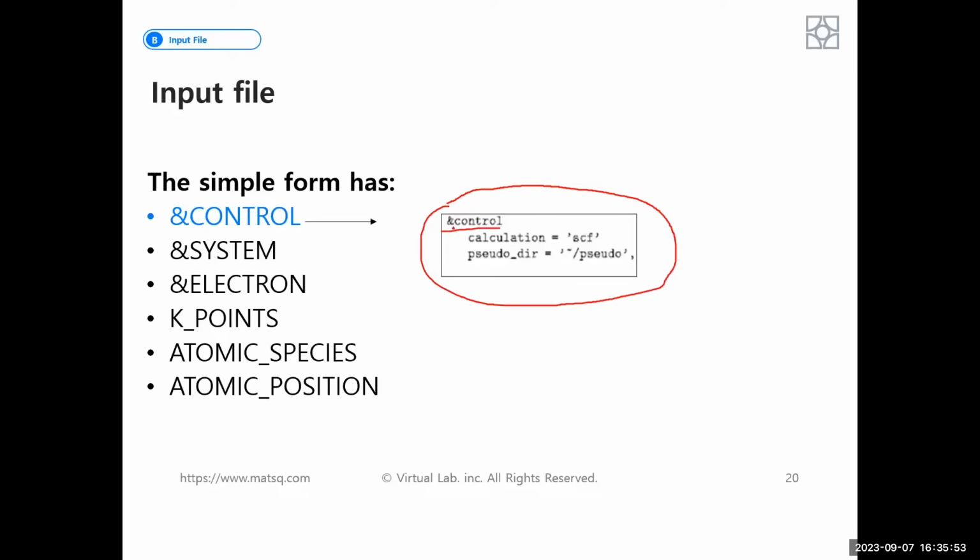Again, this is &control, the first name list. We define the general variables and the most important controllers to run. I always say that control is like an administrator of the process. It controls the process. It defines some of these name cards, and each name card has a specific task and job during your calculation.